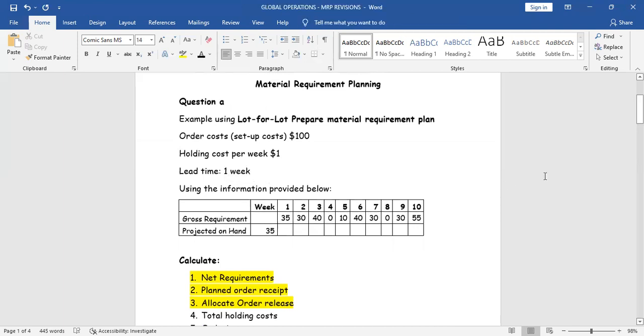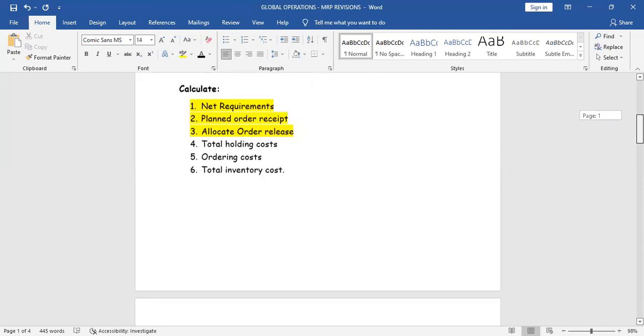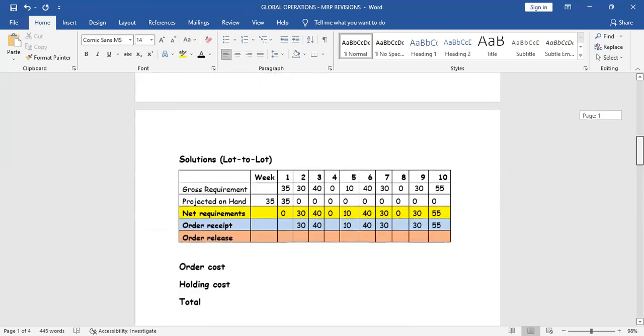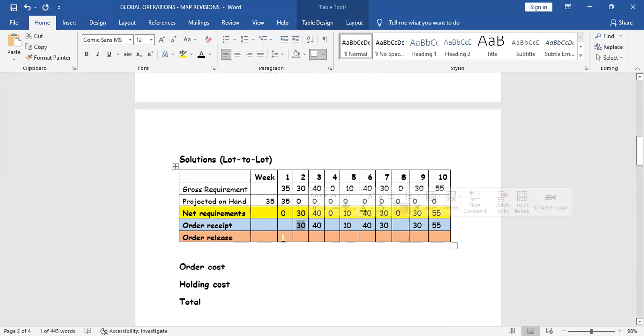So if you need anything in week 7, for example, the order has to be placed in week 6, because from the time you place an order to the time you receive it, there will be 1 week lag time. So therefore, this 30, which should be received in week 2, we need to place or release an order in week 1. So the 30 will come there.